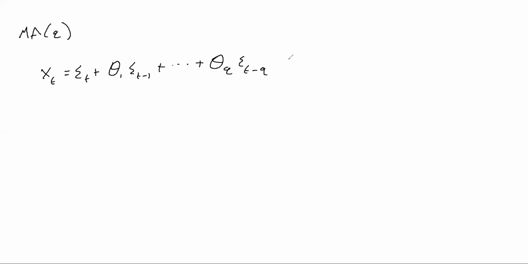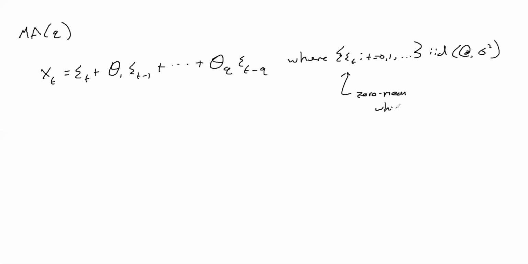And again, this is where our error term, epsilon t, for t equals 0 and so on, is IID, independent and identically distributed, with a mean of 0 and a constant variance. So the error term is a 0 mean white noise process. So it's purely random.